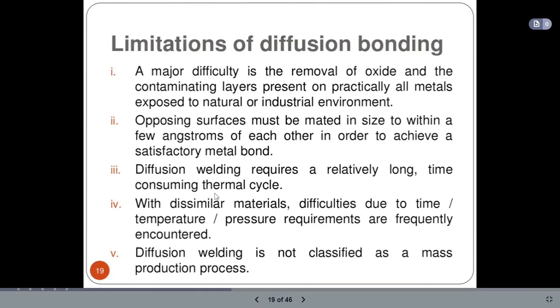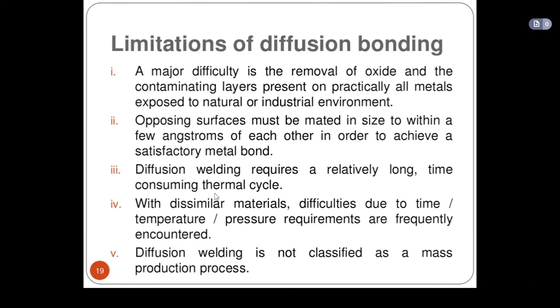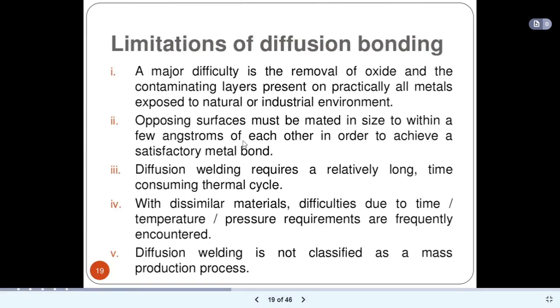The time required for welding is high in the case of diffusion welding if we compare it with other welding processes. So time required for welding is high in a case of diffusion welding. With dissimilar materials, difficulty due to the time, temperature, pressure requirements are frequently encountered.